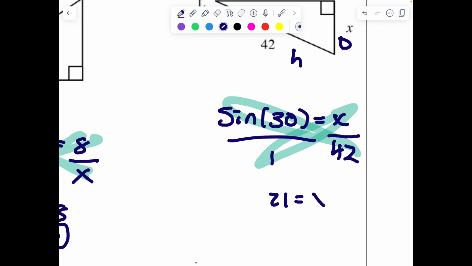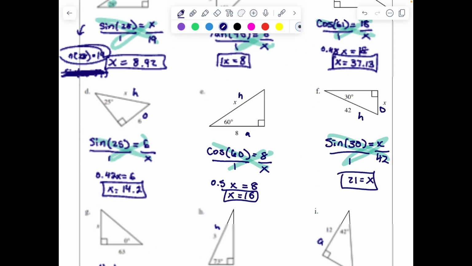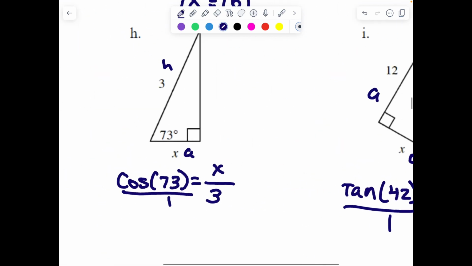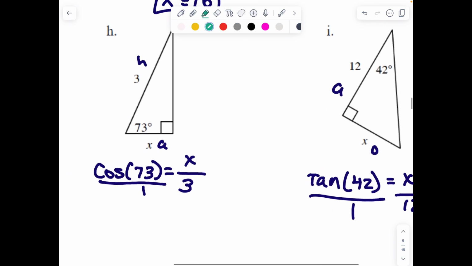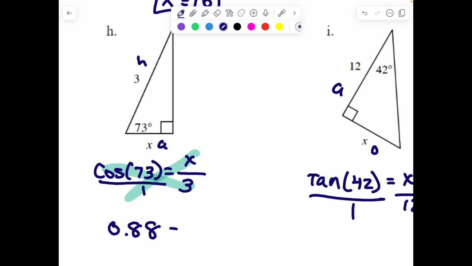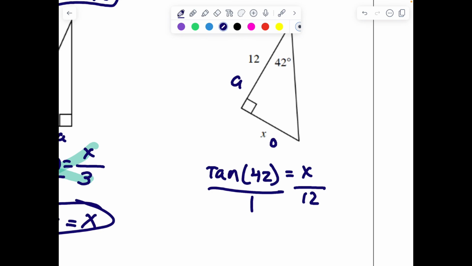So that's what x is. Not possible down here. Cross multiplying down here, the cosine of 73 times 3 is 0.88. And then tangent of 42 times 12 is 10.8.